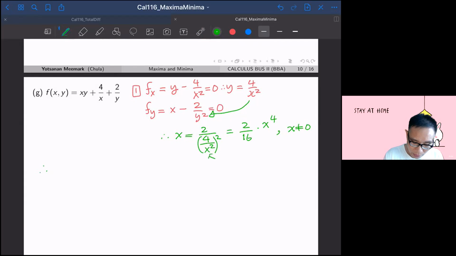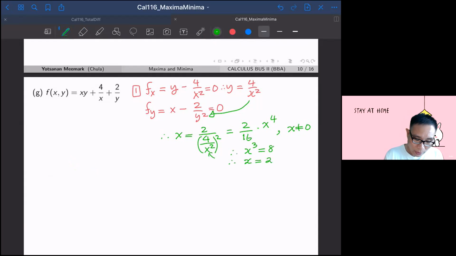So x cannot be 0 for sure. So you're just going to have x cubed equal to 1/8, so x cubed equal to 8. So you have x cubed equal to 8, and so you would get x equal to 2.